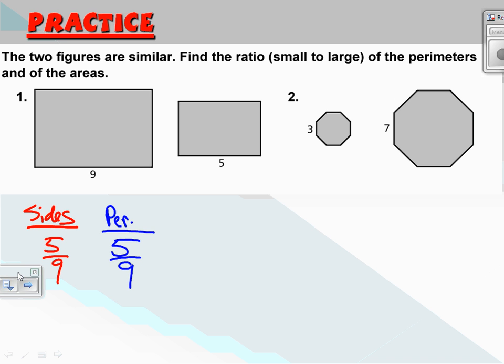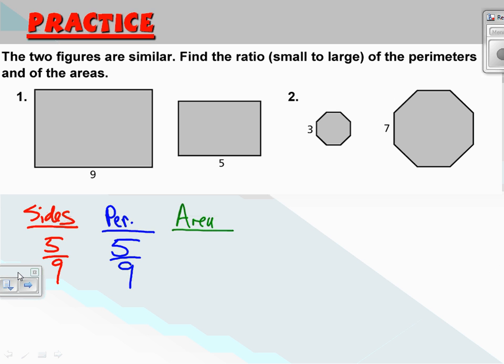So what's the ratio of the areas? Well, if you guys remember from the previous slide, I said that the ratio of the areas is the square of the ratio of the sides. So all you have to do is take the square of the top and bottom number.